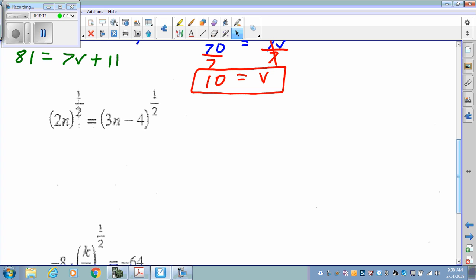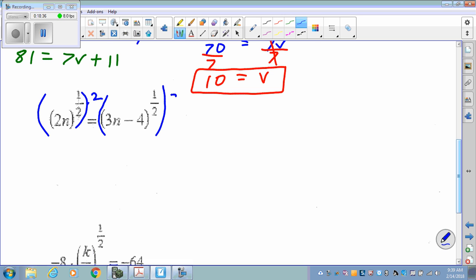All right, so now same thing here. I have something to the 1/2 power. So I'm just going to take it to the second. I'm just going to do the reciprocal here, so basically I'm going to square both sides. I'm going to take this whole thing and square it, and I'm going to take this whole thing and square it.